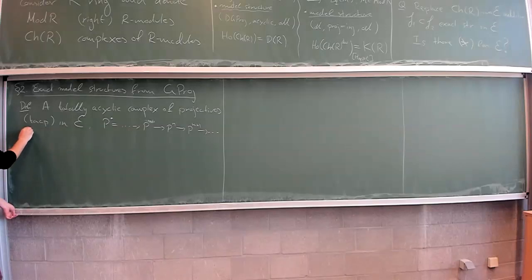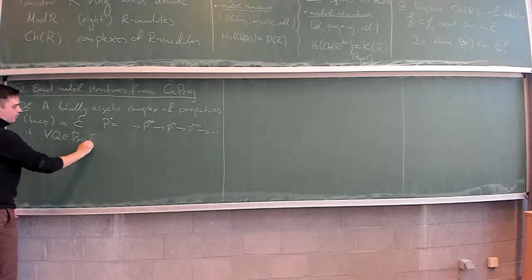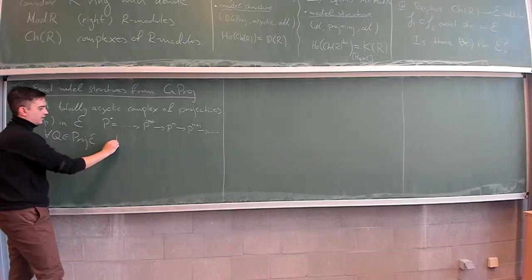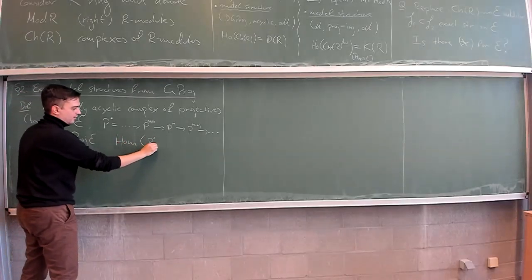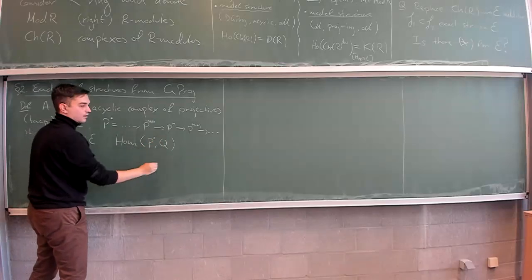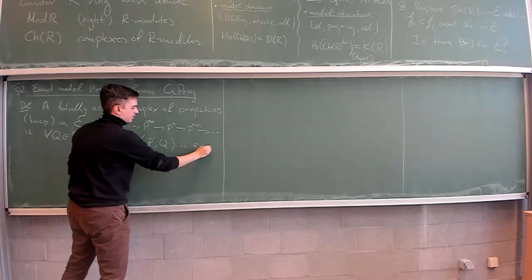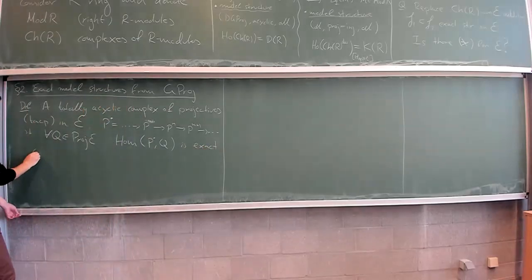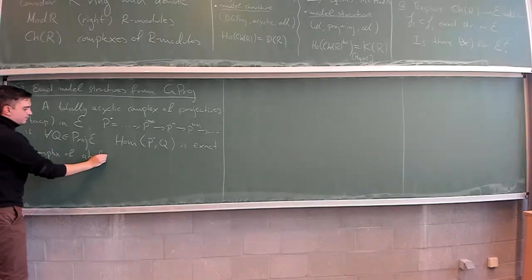It means that for any Q that is also a projective object in E, this guy here is an exact complex of abelian groups.